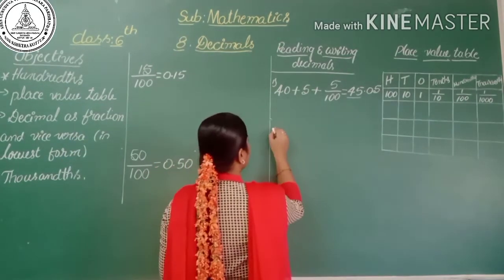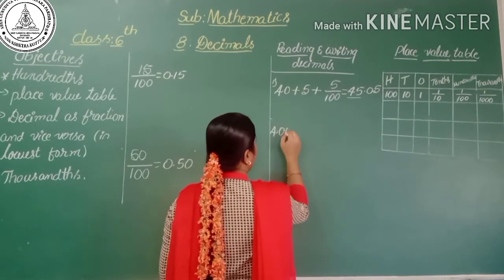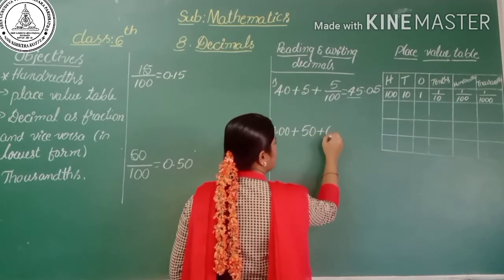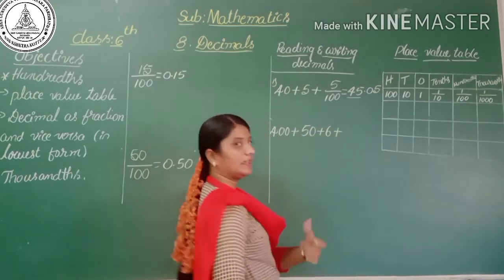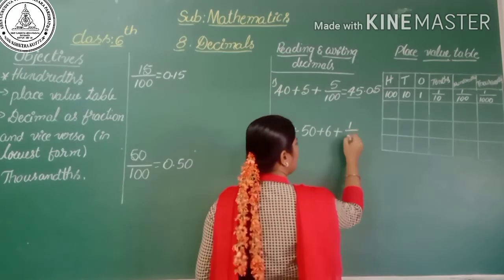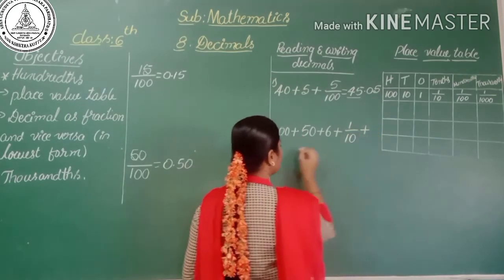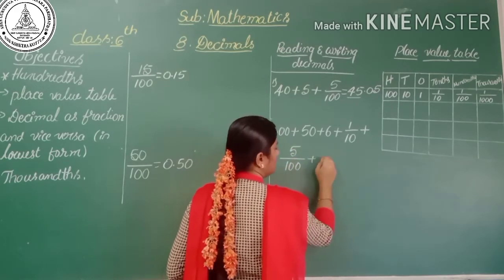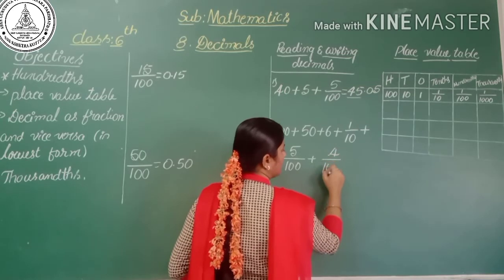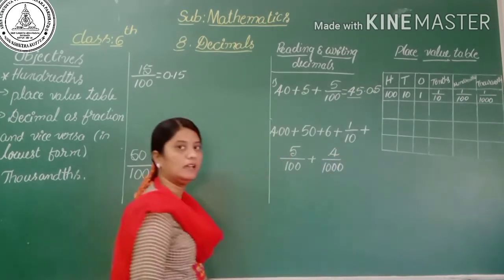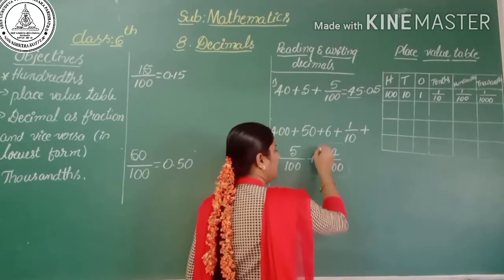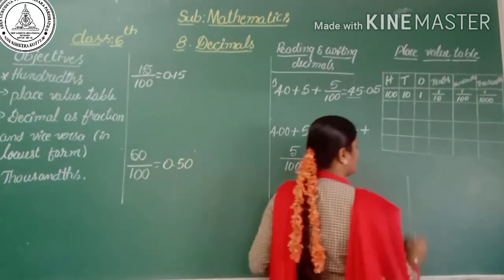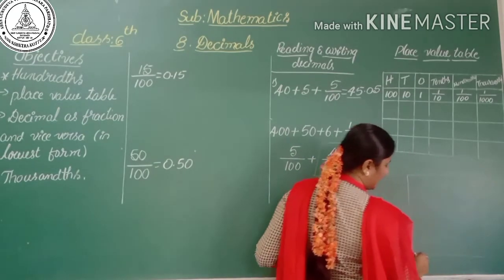The example is 400 plus 50 plus 6 plus 1 by 10 plus 5 by 100 plus 4 by 1000. What it says is that in the thousandths place, a box is divided into 1000 equal parts.